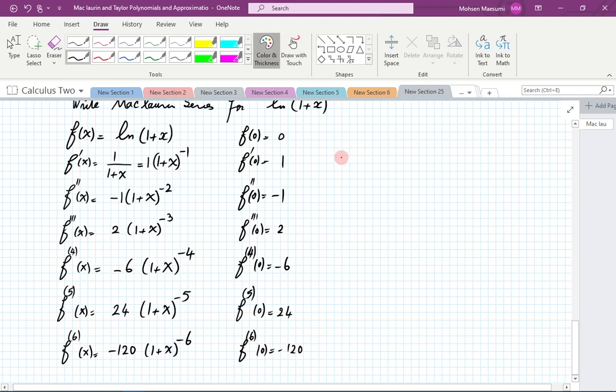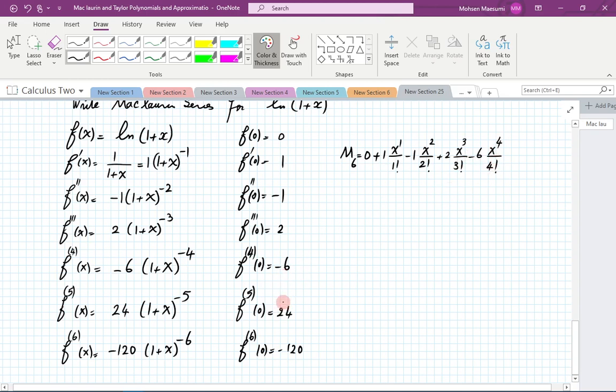So suppose I want to write Maclaurin up to level 6. What do we do? Start with that number. Next number times x to power of 1 over 1 factorial. Next number, x squared over 2 factorial. Next number, 2x cubed over 3 factorial. Next number, minus 6x to the 4 over 4 factorial.